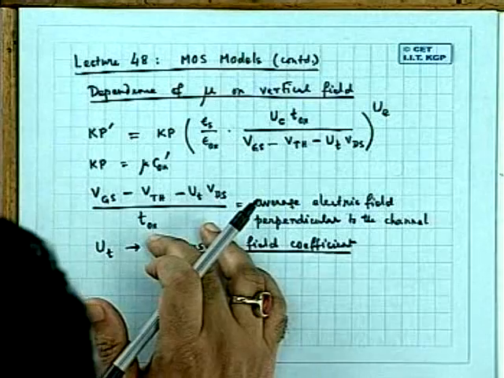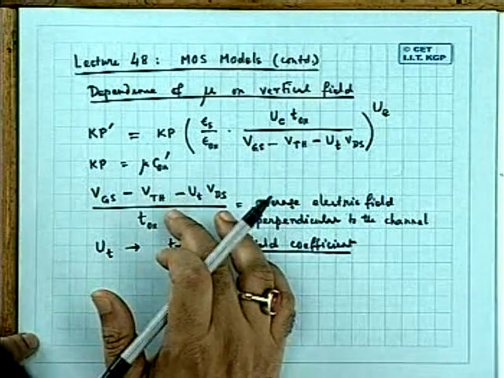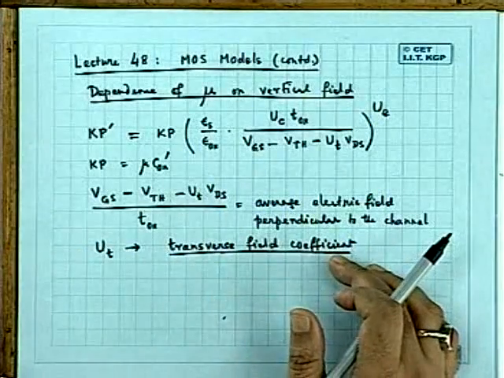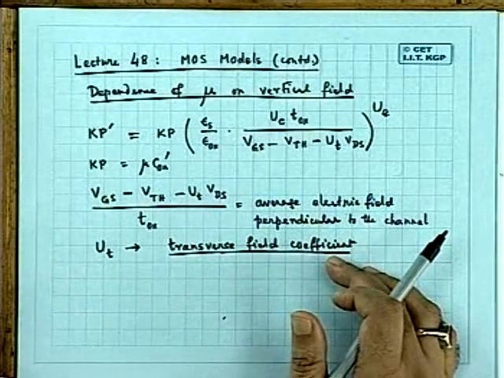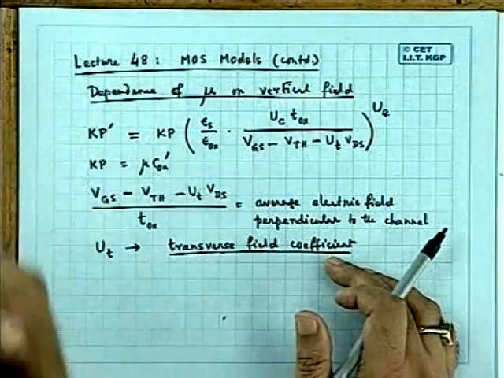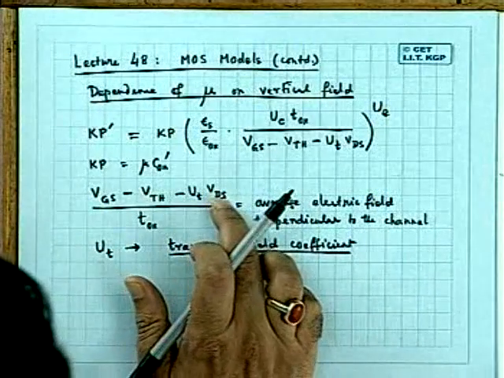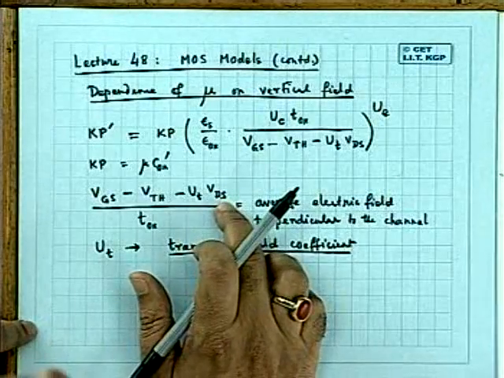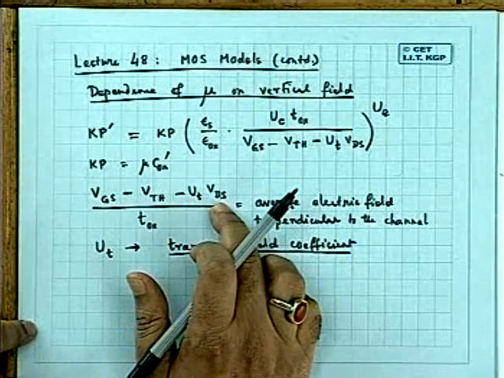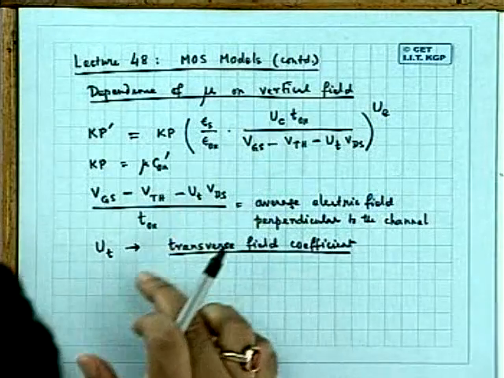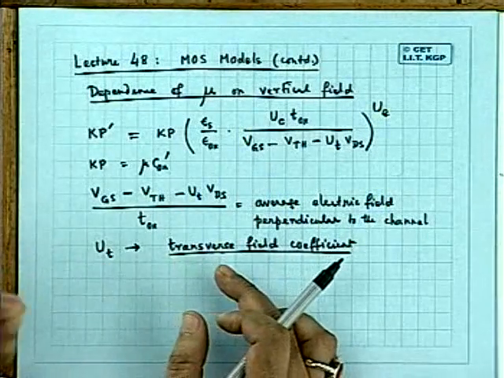Whereas, because of the channel potential, this is modified, and that is taken into account through a term proportional to VDS. The coefficient, we call it UT, is an adjustable parameter.